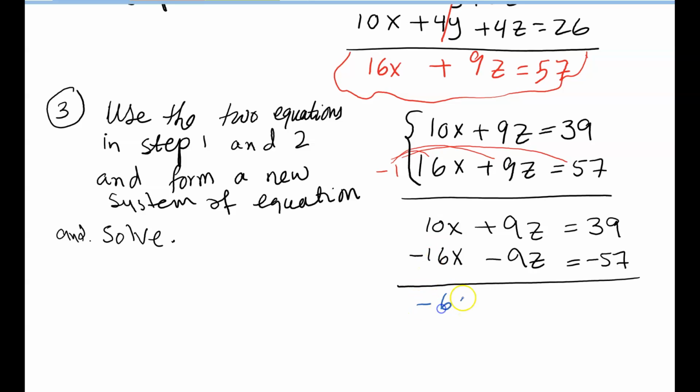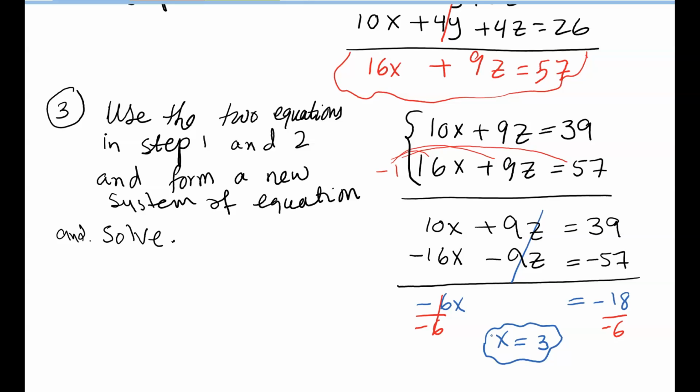So it's negative 6x, and 9z and negative 9z cancel. Then you have negative 57 plus 39, which is equal to negative 18. From here, you just solve for x. You divide both sides by negative 6. So x is equal to 3.